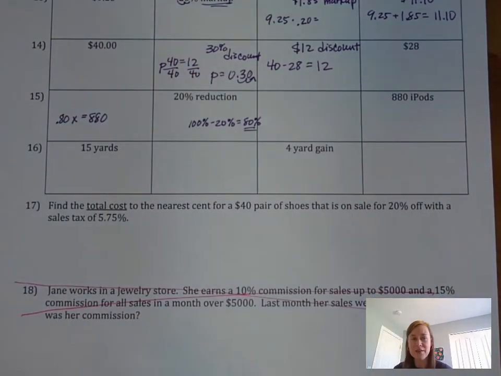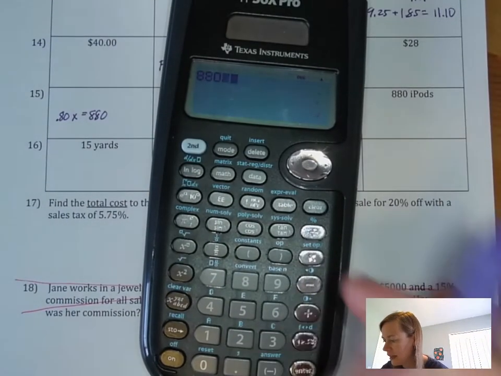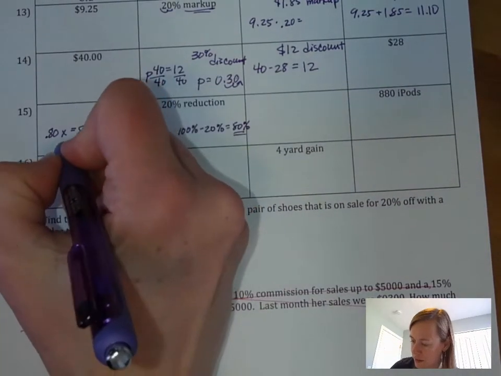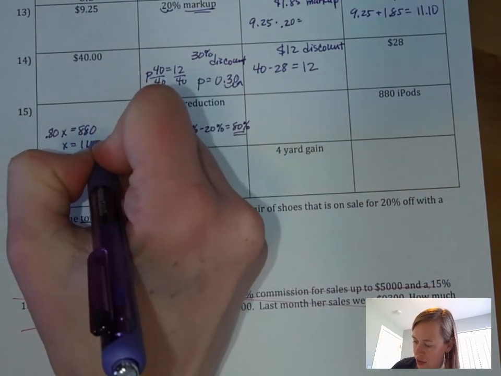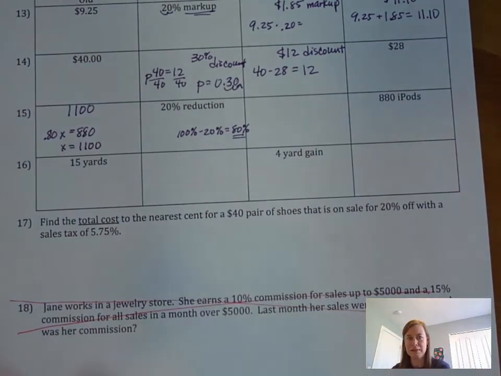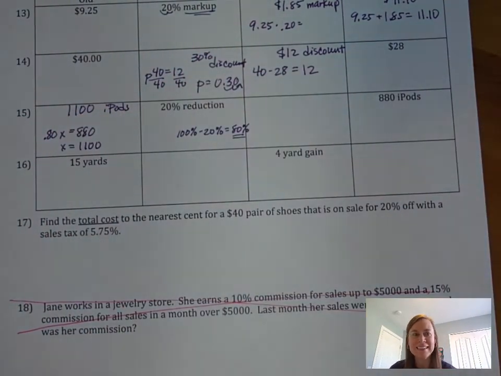Okay, now we just have to divide through by 0.8 on both sides and we'll have our answer. 880 divided by 0.8, we get 1,100. Okay, so 1,100 iPods, I guess. That's what I'm going to write because that's what it says there.